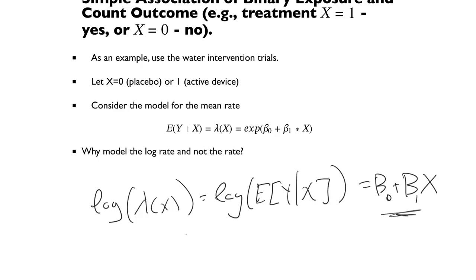It's very similar to logistic regression, which is not log linear, that's logit linear. But in fact, you'll see the way we interpret coefficients is very similar. So that's why we model the log rate, not the rate, as a linear model.